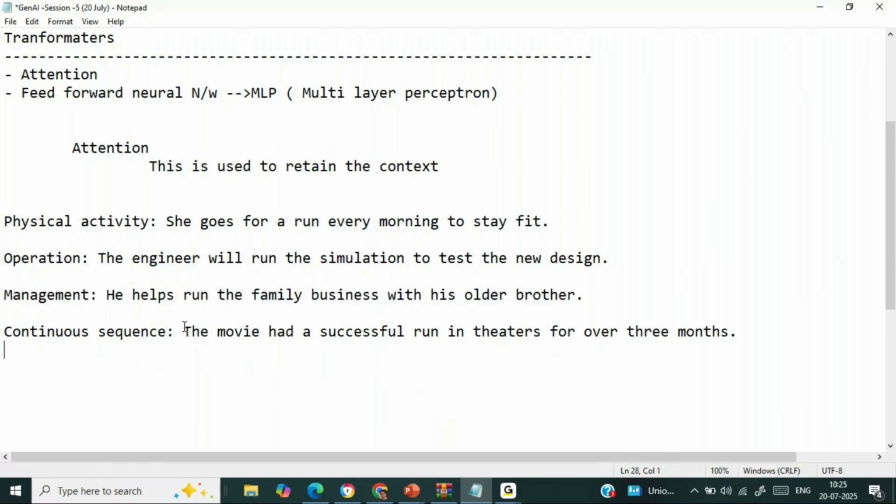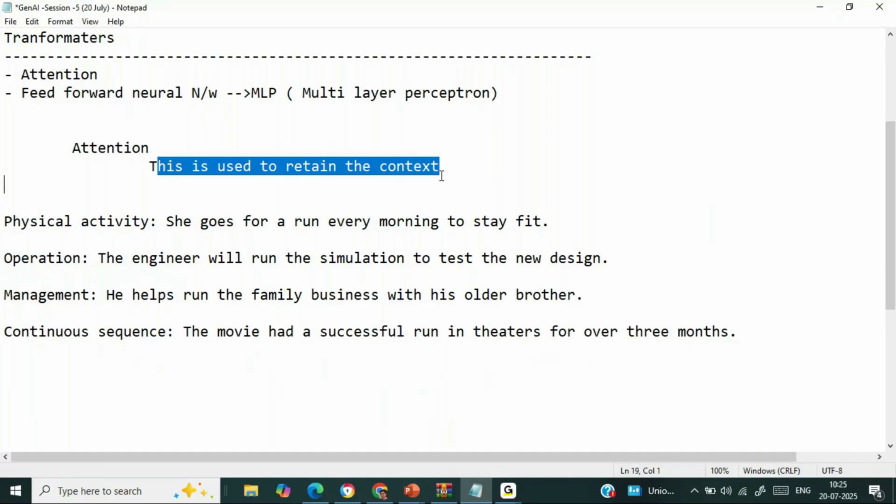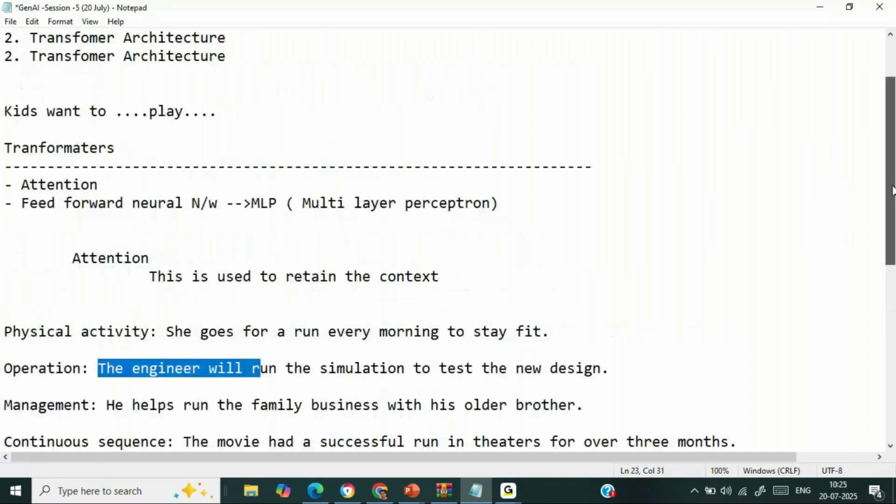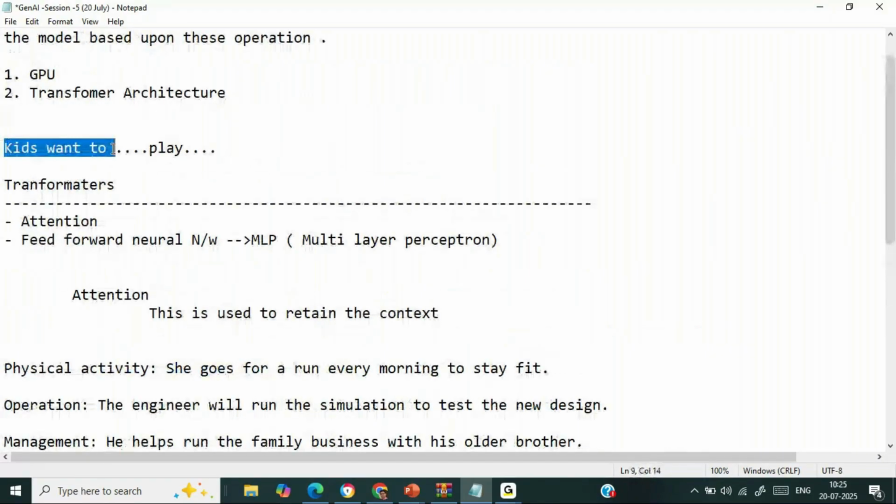This is the task of the attention mechanism or attention block, to retain the context so it will be able to predict the next word. If it does not have the context, it will not be able to predict which run I'm talking about.